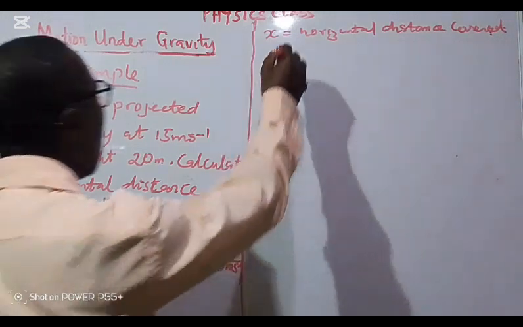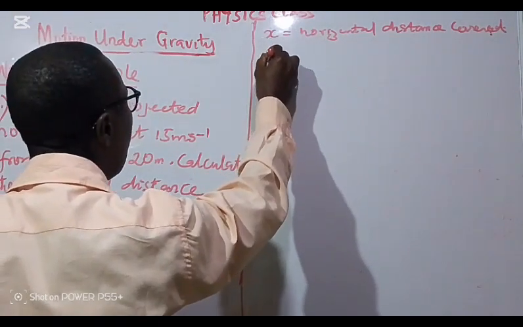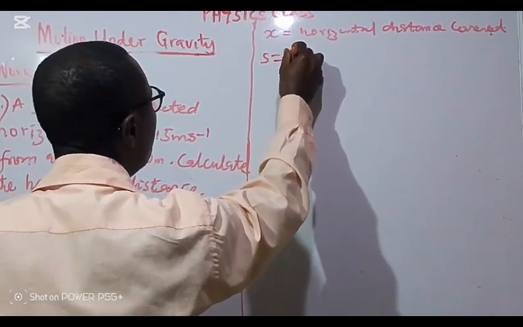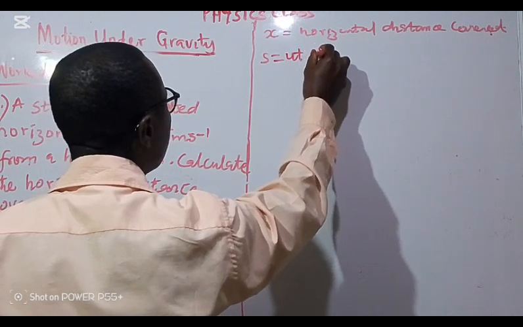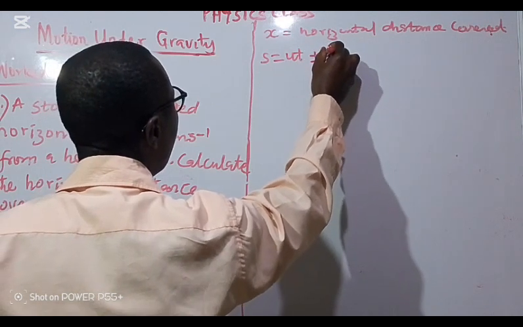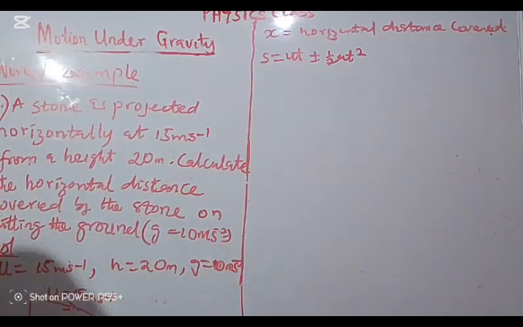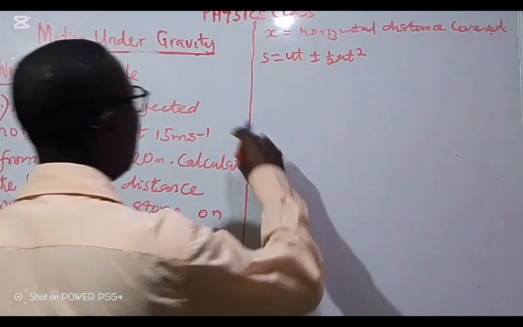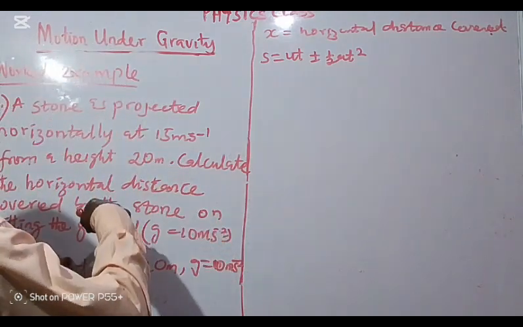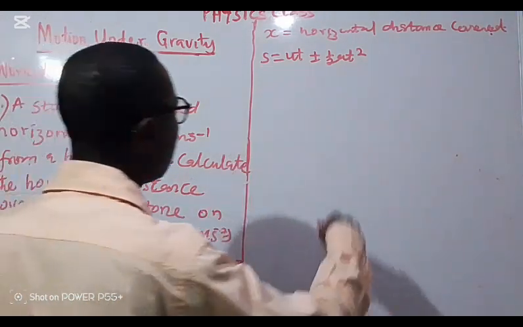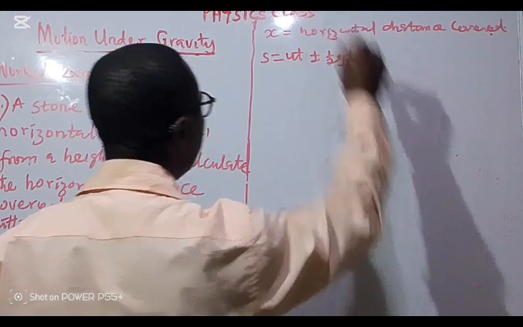We have this formula as x is equal to ut plus or minus half at squared. But mark you, as I said, the question has joined both topics together. So we are dealing with motion under gravity, horizontal distance coming. So this one will be g.